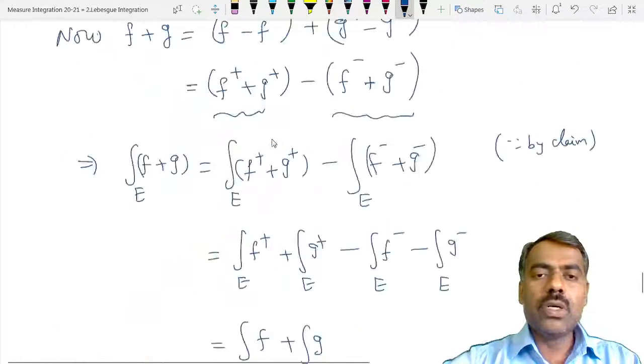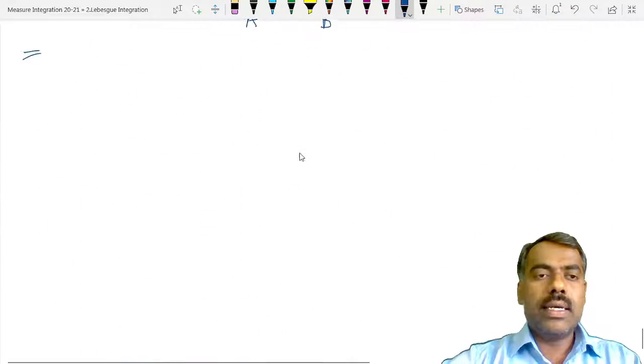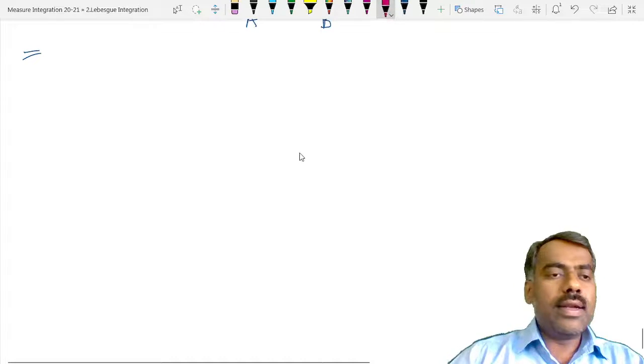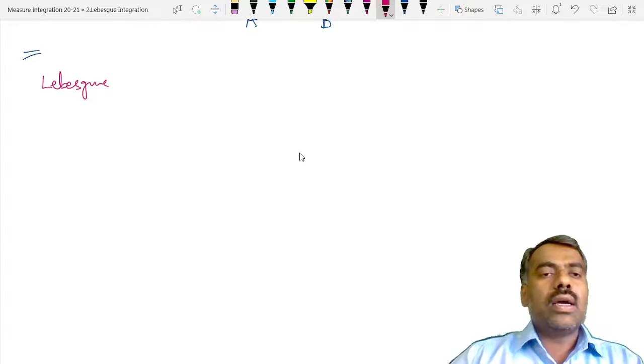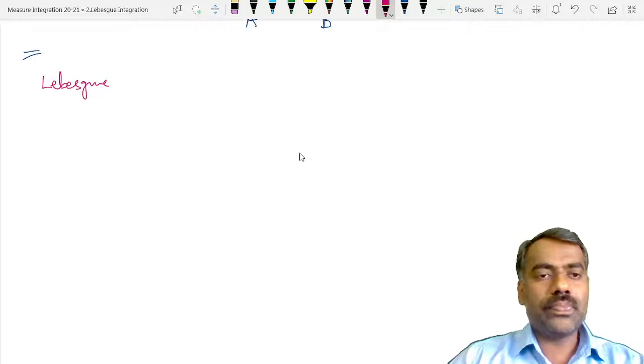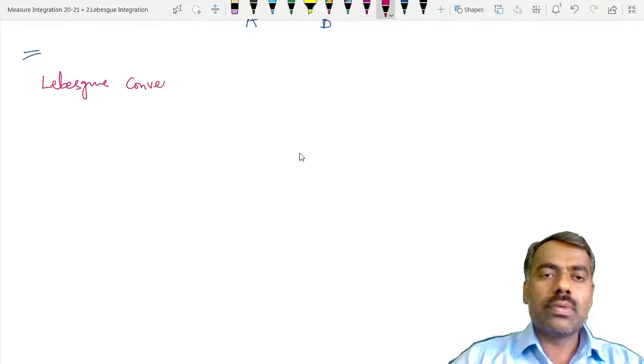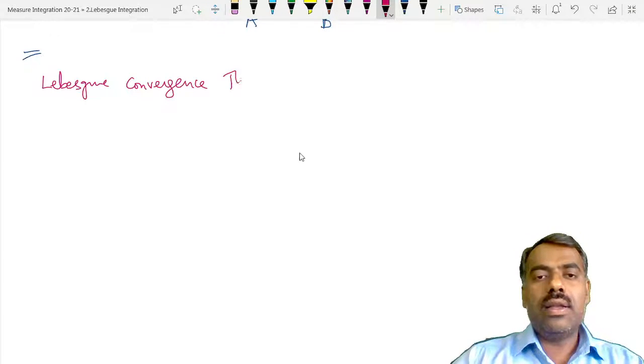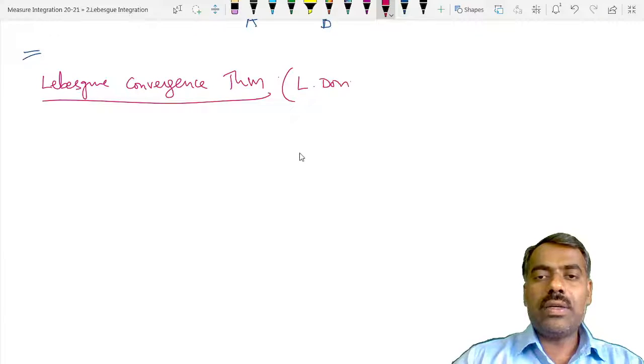Now what we will prove is the interesting result called the Lebesgue convergence theorem, or sometimes it is also called the Lebesgue dominated convergence theorem, LDCT.